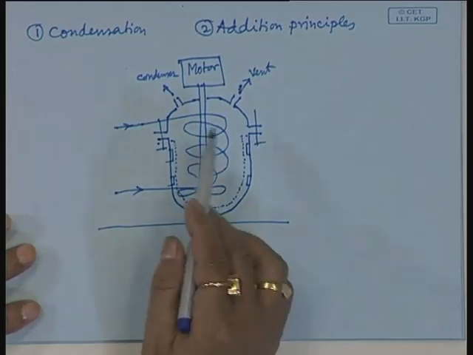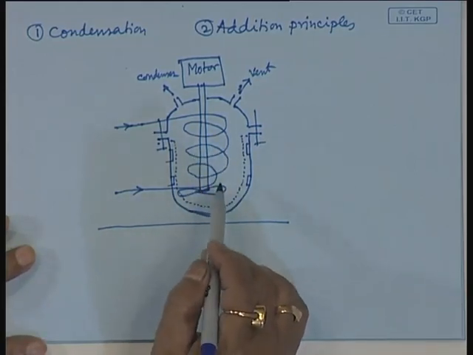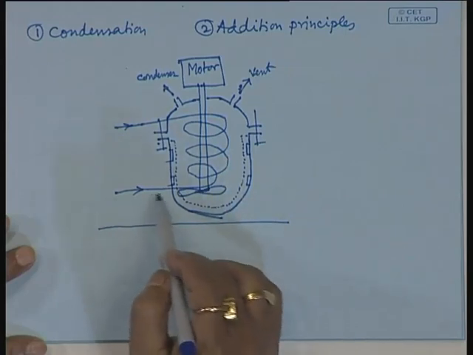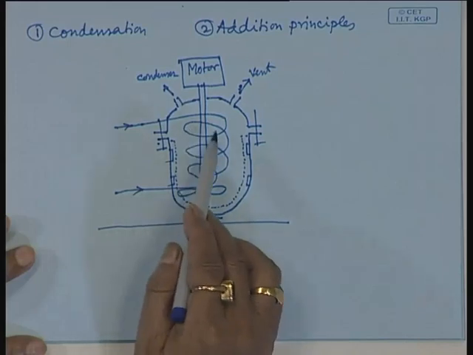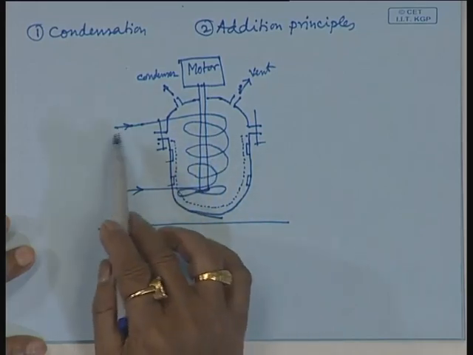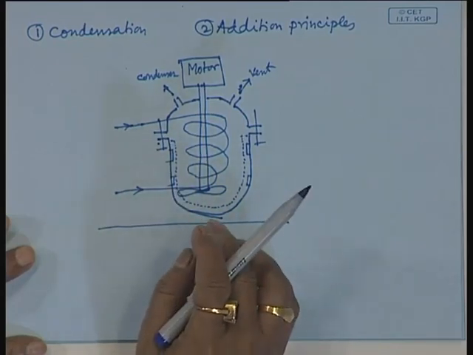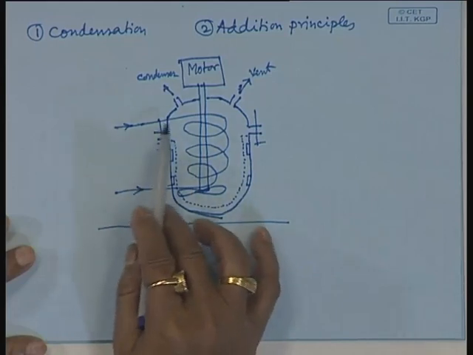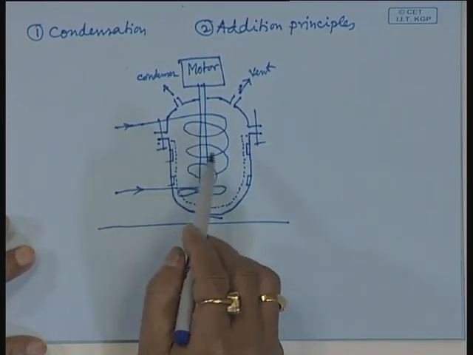Within this reactor, monomer and other things are charged, then heat is supplied either by electrical heating, say you can consider this as an electrical heating coil, or it can be a tube through which hot oil or hot gas is passed.